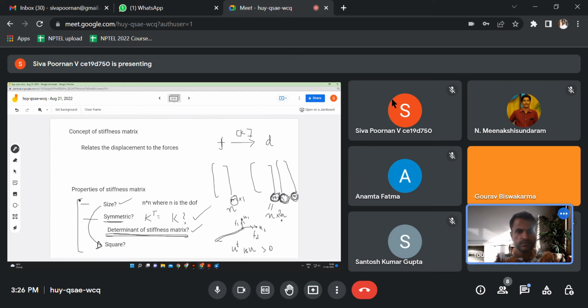I think that is all. One question. Yes. Maybe it's a stupid question, but I would ask it. When we assemble a global stiffness matrix, before imposing boundary conditions, we say that its determinant is zero. Yes. But now we are saying that after imposing boundary conditions, it comes out to be non-zero. Yes.